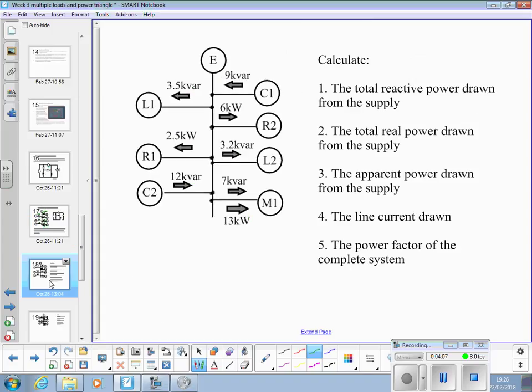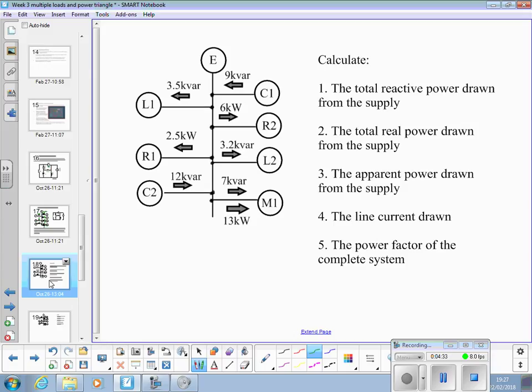What we're going to do here is calculate the total reactive power drawn from the supply, the total real power drawn from the supply, the apparent power drawn from the supply, find the line current, and find the power factor of the complete system. We'll go through this one together.